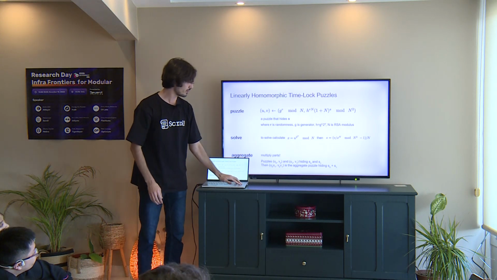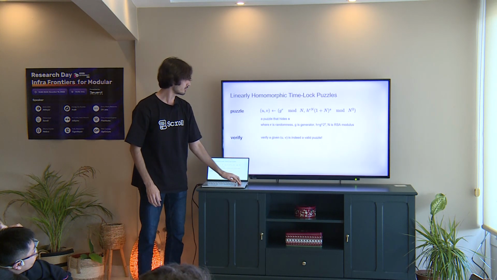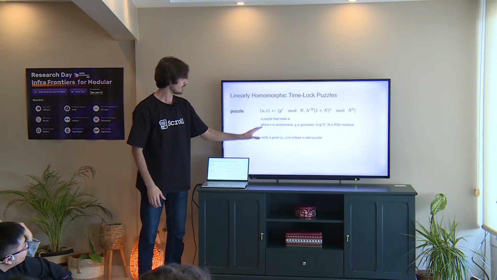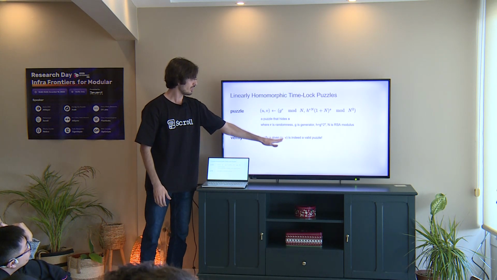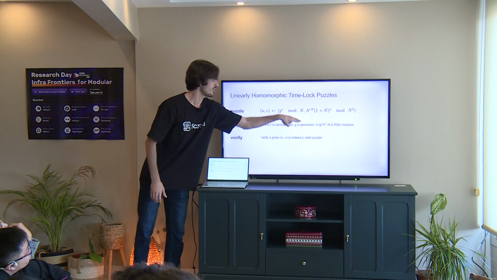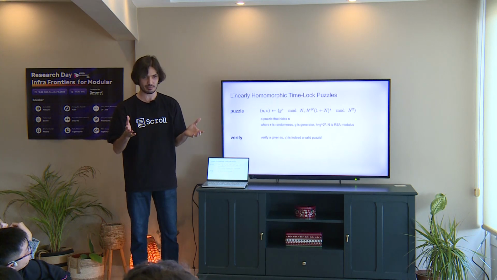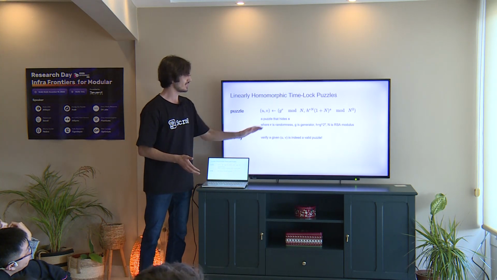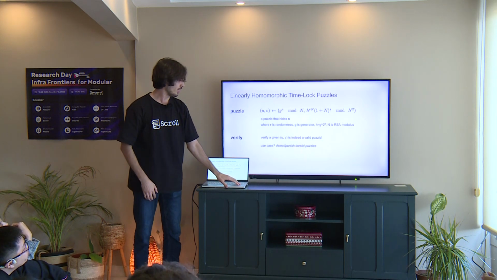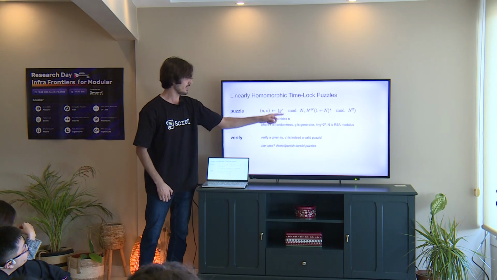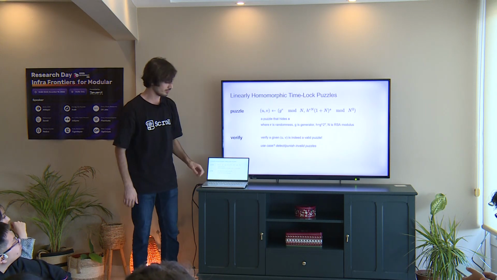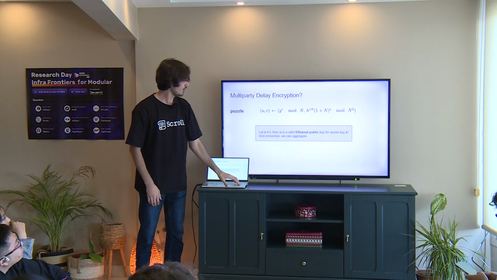Okay, this is going to be important in a second. Another cool property is that it's verifiable, meaning that if I give you a pair, you can verify it's a valid puzzle. You can't solve the puzzle immediately, but you can immediately tell that they have this relationship. And this is important for us, to be sure that the stuff we are aggregating is not wrong.